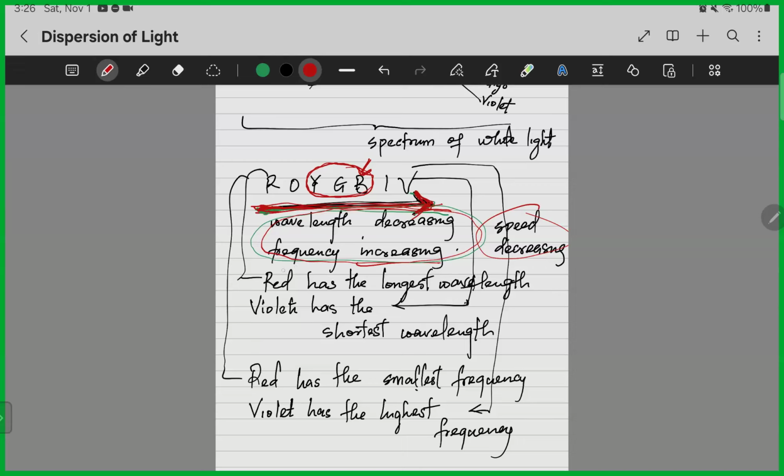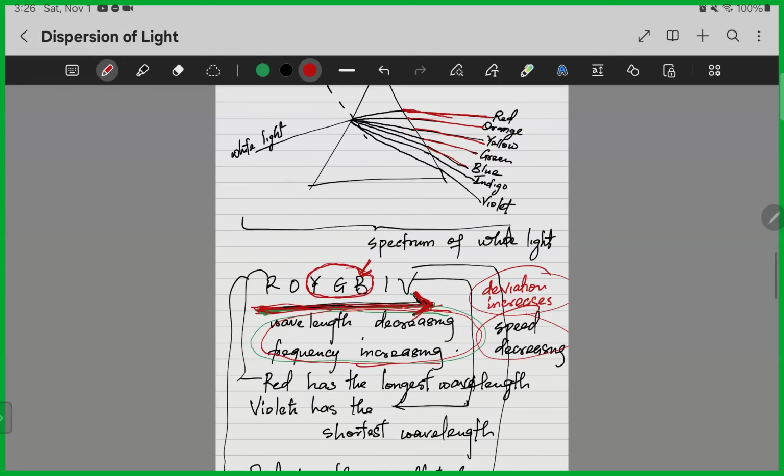You can also write that deviation is increasing from left to right, because orange bends more than red, yellow bends more than orange, so as you're going from left to right, deviation is increasing.